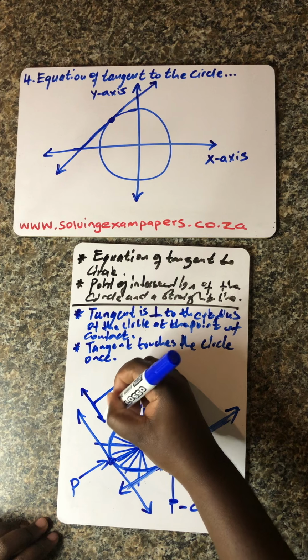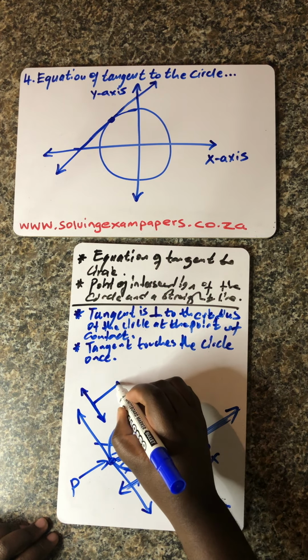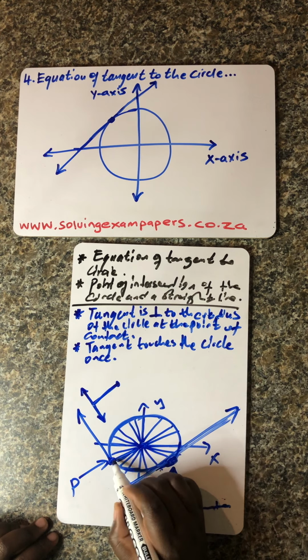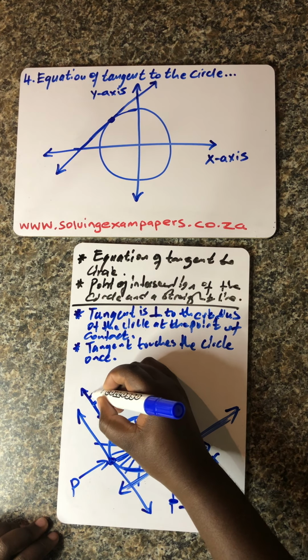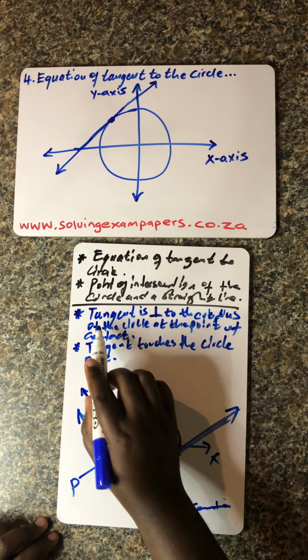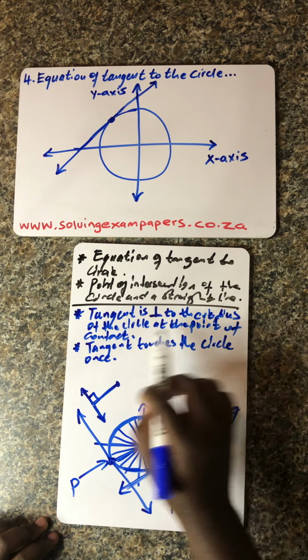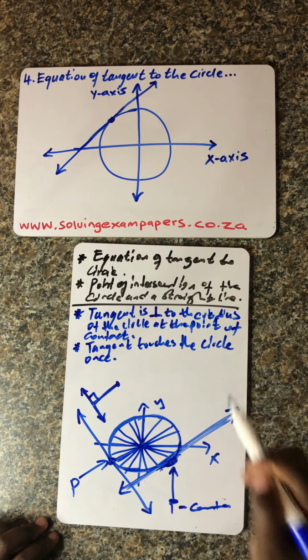We've got that radius that radiates from the center to the point of contact, which is that point. Can you see, it forms a right angle. That's why we say the tangent is perpendicular to the radius of the circle at the point of contact.